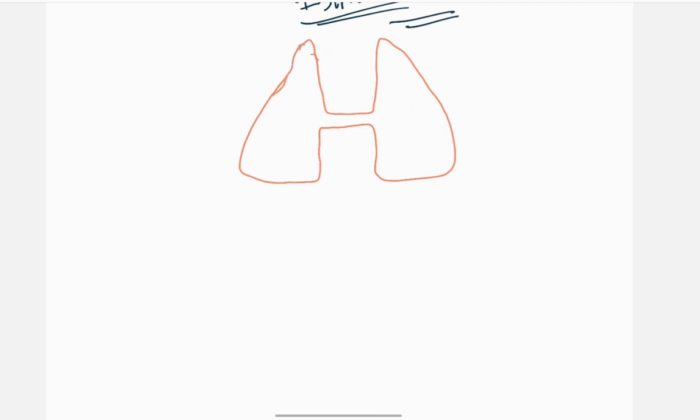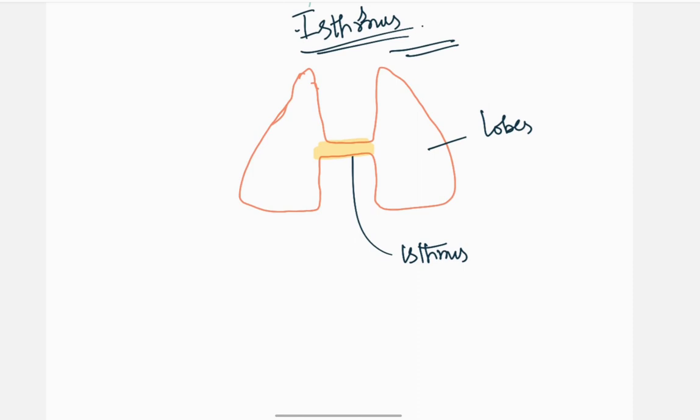Here you can see these are the bilobed, the first and the second lobe, and this is the isthmus. We can mark it. Isthmus. These are lobes. So here we will see the blood supply to this thyroid gland.